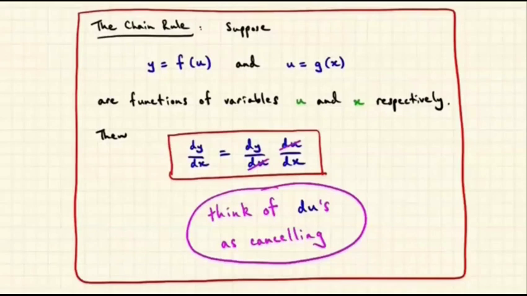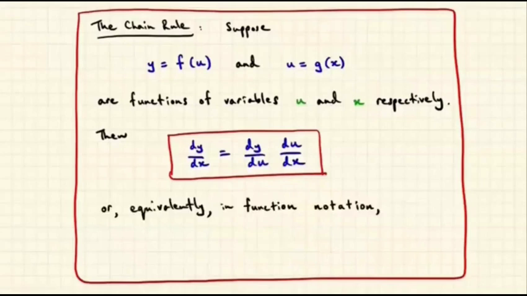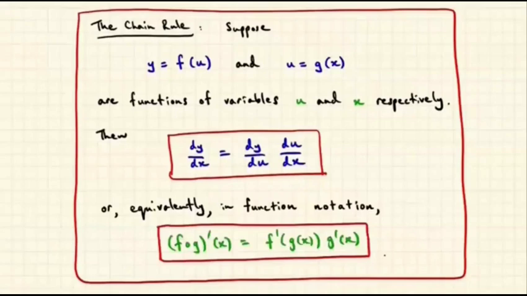There's an equivalent statement using function notation that we can use to write the chain rule. And here it is. The derivative of the composite of f and g of x is equal to the derivative of f at g of x times the derivative of g of x.